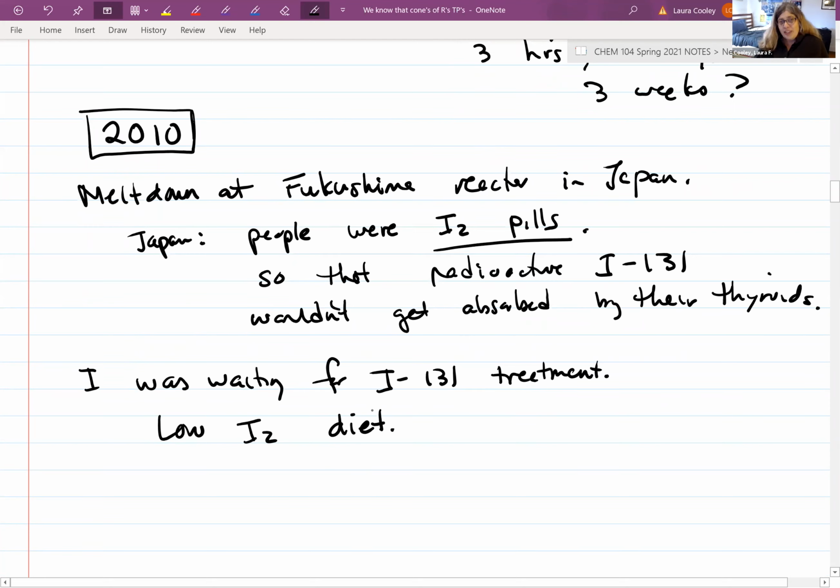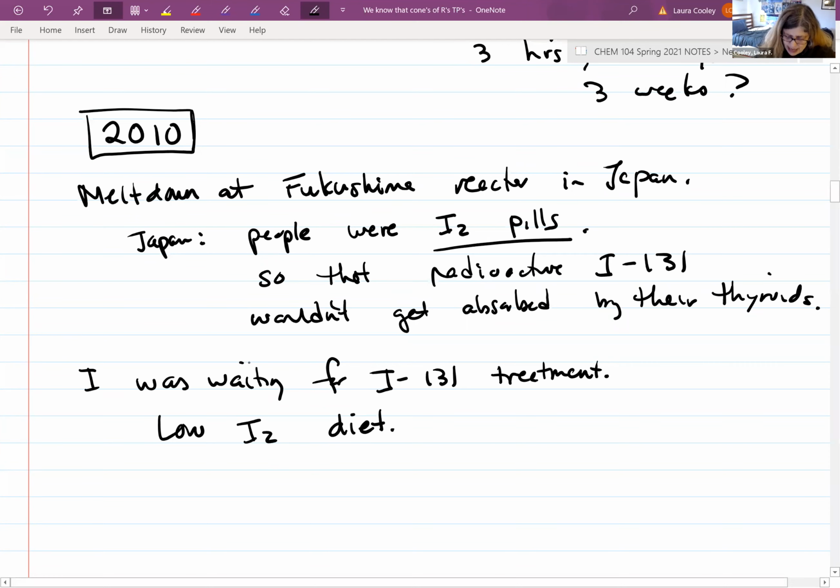Because you want your thyroid, whatever's left of it, because it had already been removed, to absorb the radioactive iodine from the treatment. So you starve your body of iodine. It's the weirdest diet. You can't have iodized salt, obviously, but it's a strange list of things that are low in iodine or high in iodine that you can't eat.